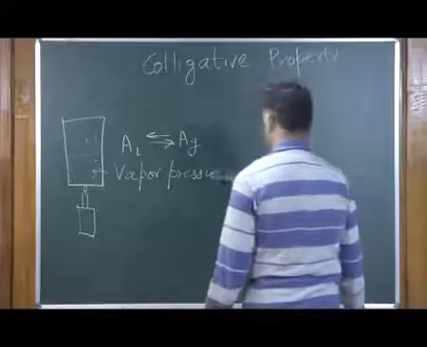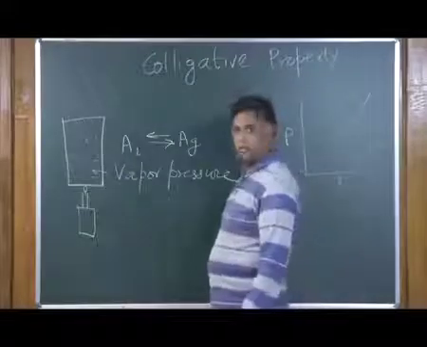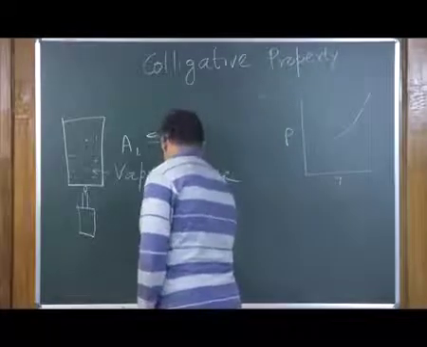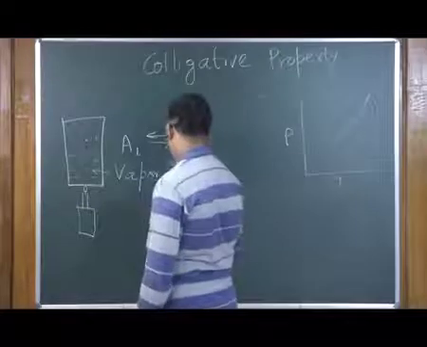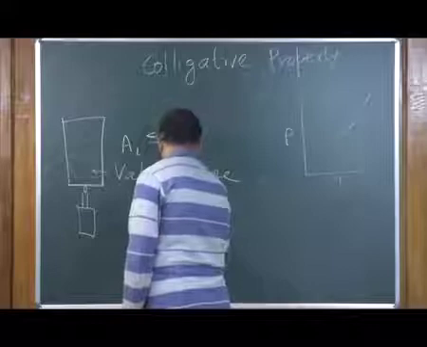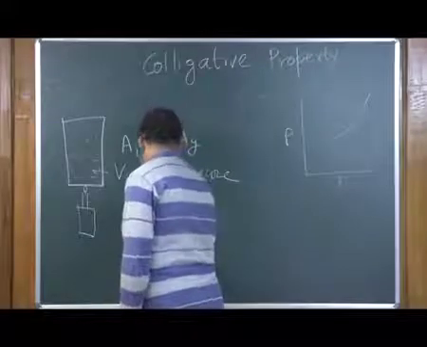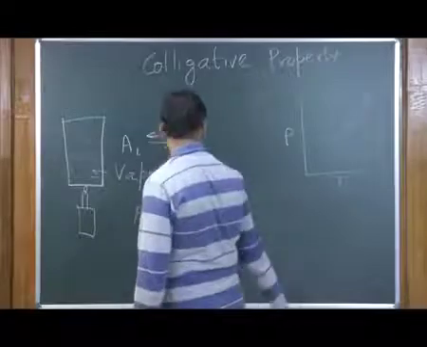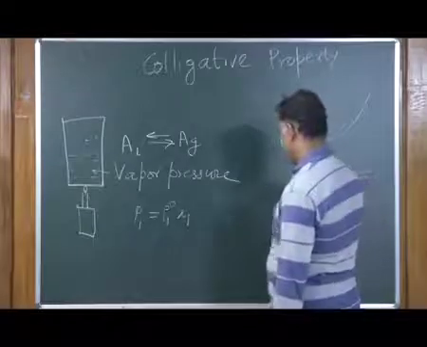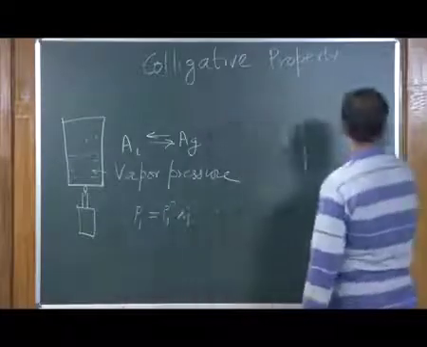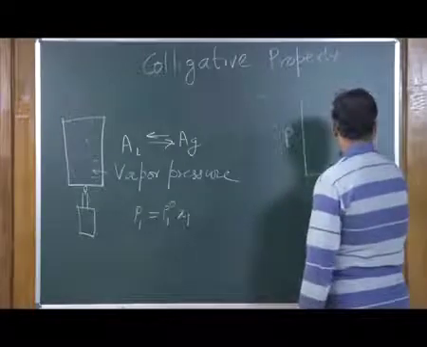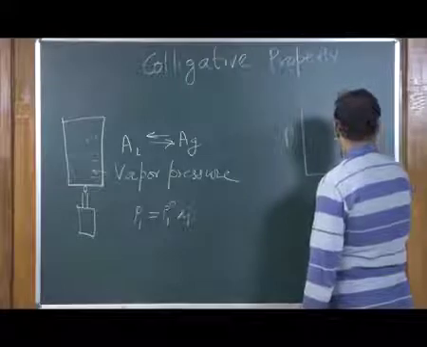But now, there is going to be a decrease in the vapor pressure at a given temperature. If the vapor pressure at a given temperature for the pure solvent was P1⁰, now it is going to be x1 P1⁰. So, I am going to plot this P1 as a function of temperature. This quantity is multiplied by x1, and I am going to get a curve something like this.